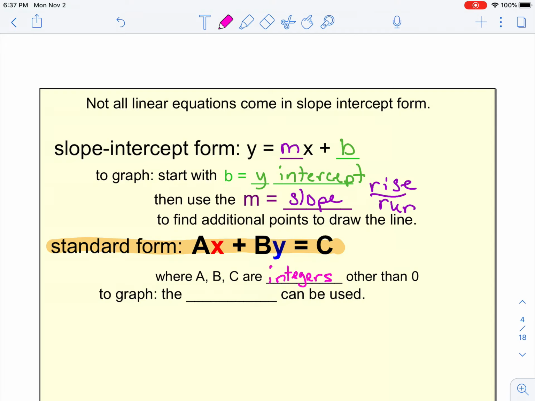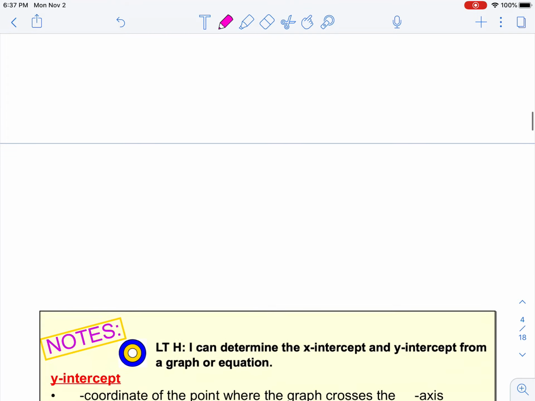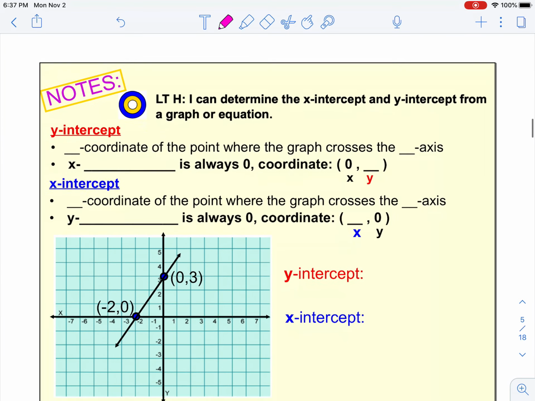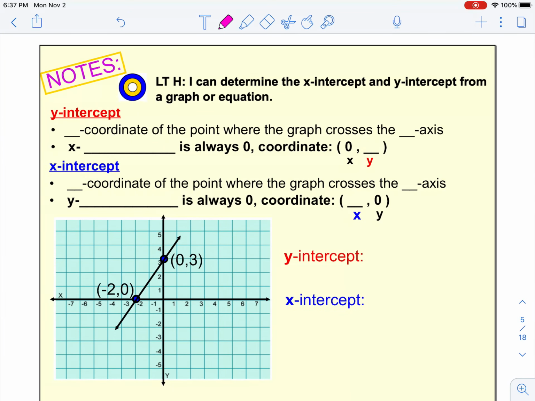And to graph, we can use the intercepts. So we can graph it using the x and y intercepts. So you know what the y-intercept is, but you can't find it from standard form like you can in slope-intercept. So let's see how we do that.